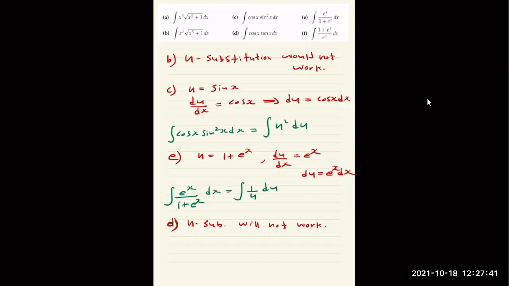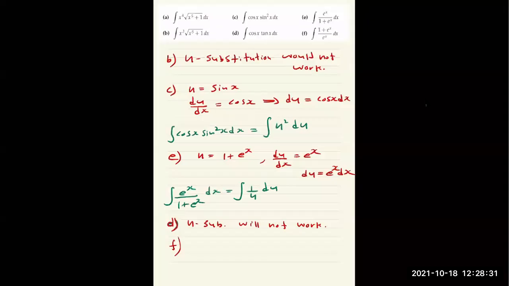Okay, next we go to the last part. In the last part also, you will see that u substitution will not work for this example. For example, you can take this to be u of x and see whether you can go with the u substitution. You will see that a u substitution is not going to work anymore here. And even if you take u of x to be this function e of x, again you will see that u substitution will not take you anywhere.